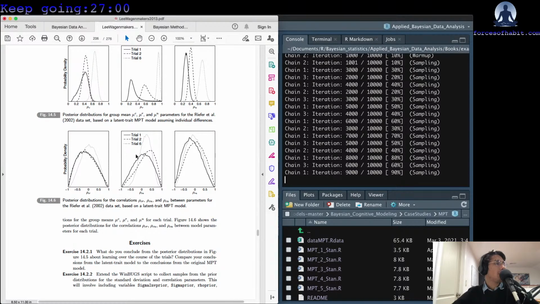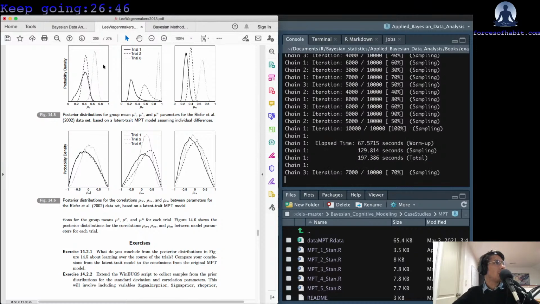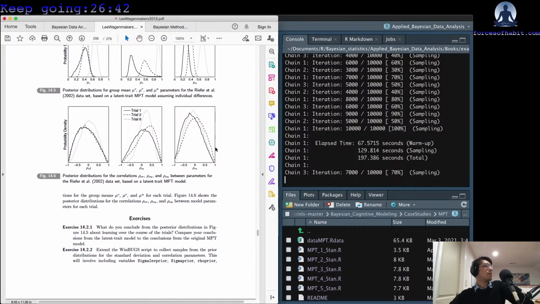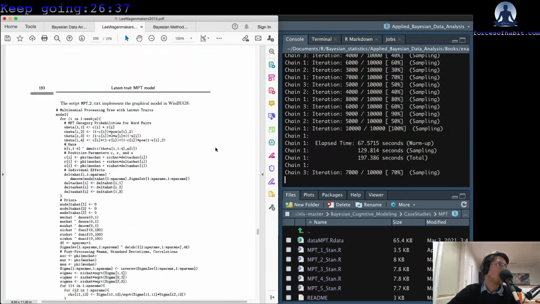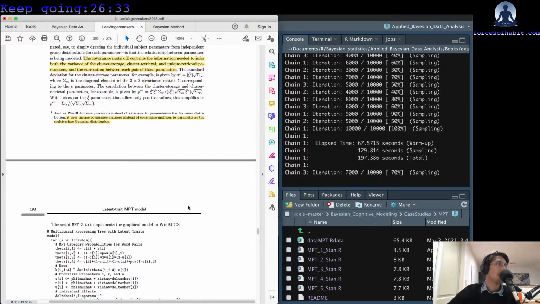Though there is some deviance for correlations that involve C, it looks like. But otherwise, we see on average larger values for each of the mu's. And these conclusions are the same as what we saw from the first example.